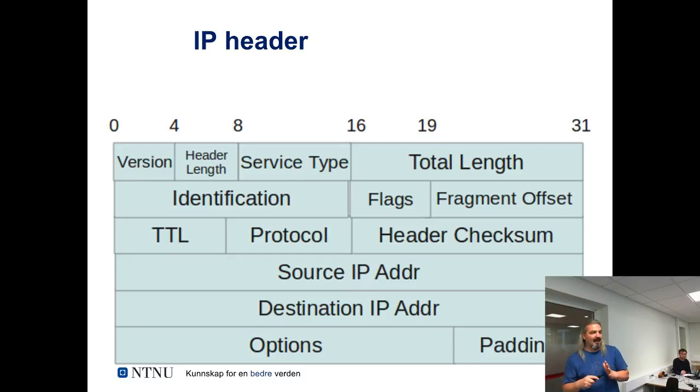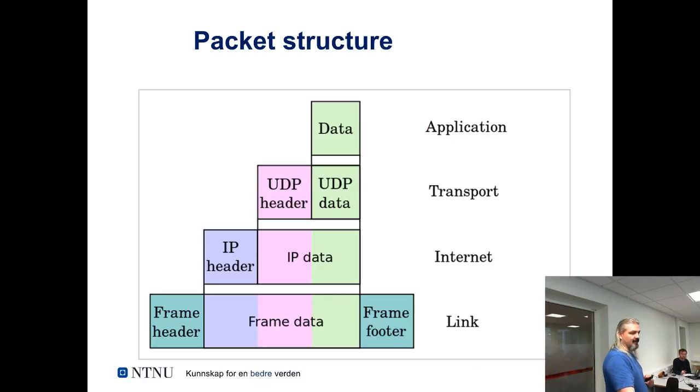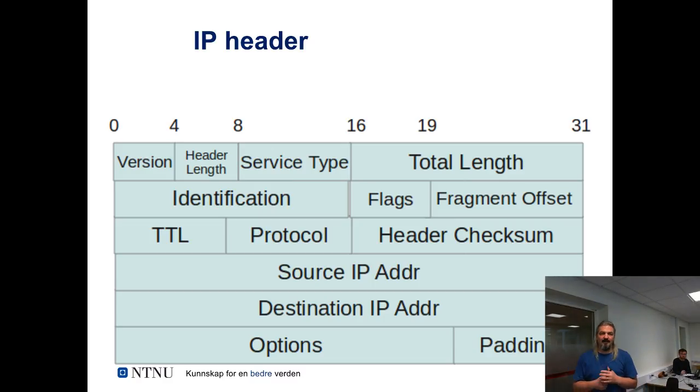Now, an IP header. We had UDP and TCP/IP, and we have the IP header. If we look at that internet link and IP header, we have the version, the header length, and the service type. The total length is a 16-bit integer, right? So what's the maximum size this packet can be if it has a 16-bit integer as its total length?